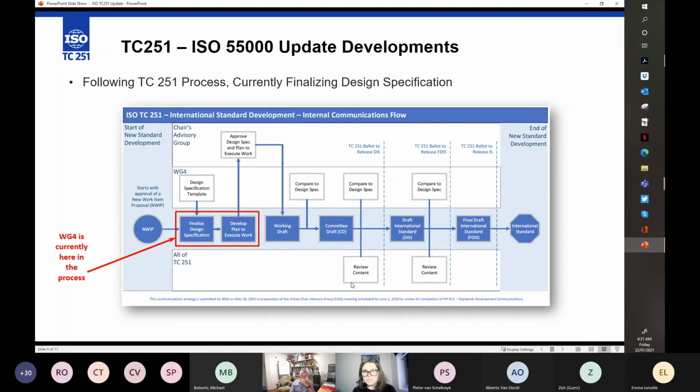I won't go through this in detail, but basically this is the end-to-end process of how the review works. We do the design spec, it gets approved by the chairman of the advisory group, it goes into working drafts, then committee drafts, as I explained before, and there's a check and balance review process all the way through. So basically 3 key documents: the committee draft document, the draft standard, and then the final draft.